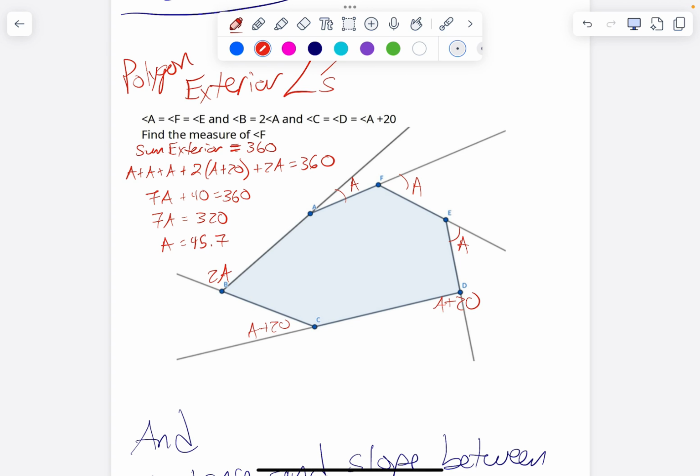Okay, and then it wants us to solve for the measure of angle F, which is congruent to angle A, so 45.7 degrees. Good? Anybody get that? Raise your hand if you did.